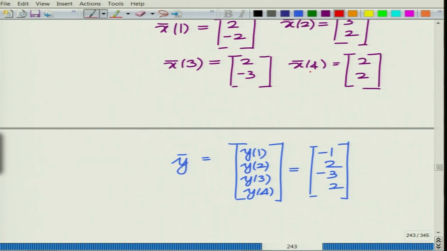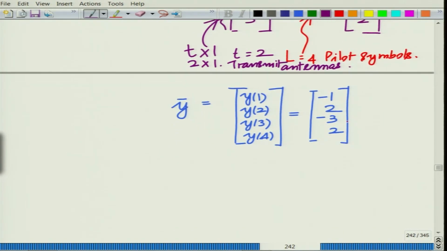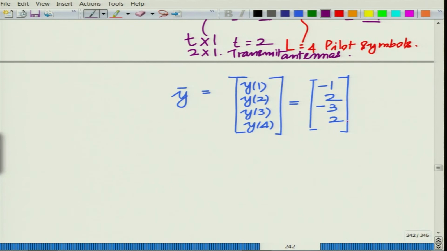So, we can see the number of pilot symbols is L equal to 4, and each pilot is a t cross 1 vector. You can clearly see t equal to 2 transmit antennas. So, we have t equal to 2 transmit antennas and L equal to 4 pilot vectors.